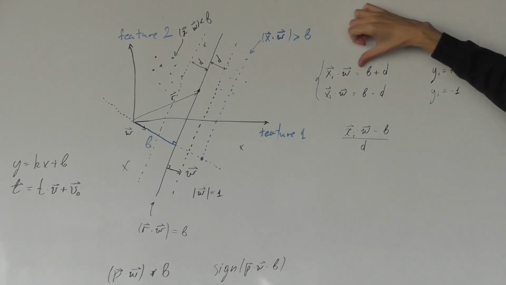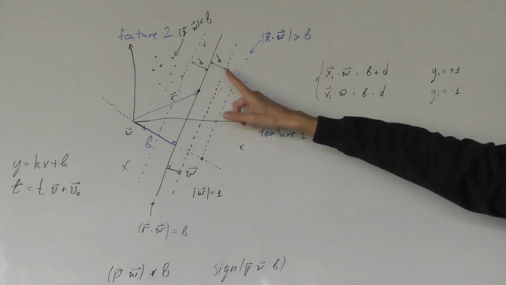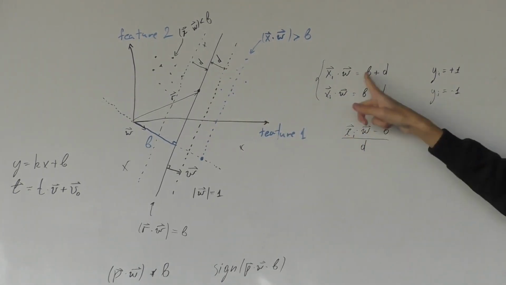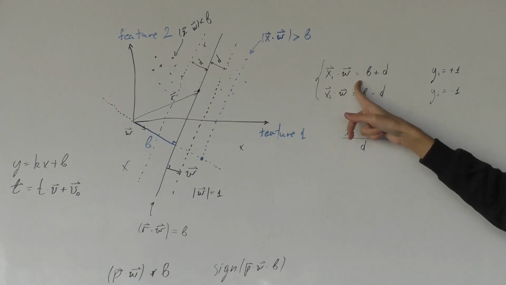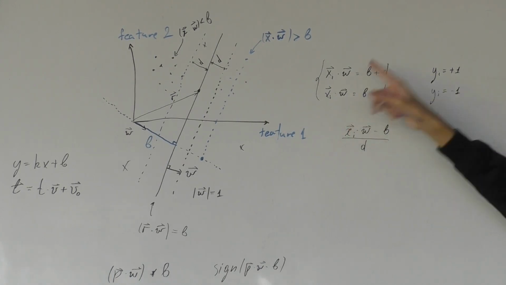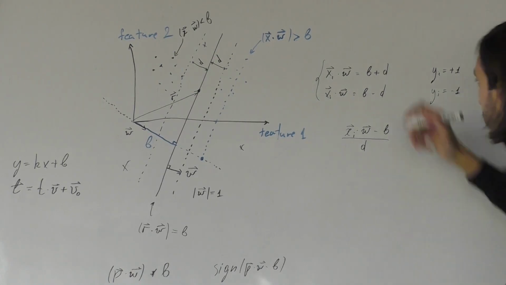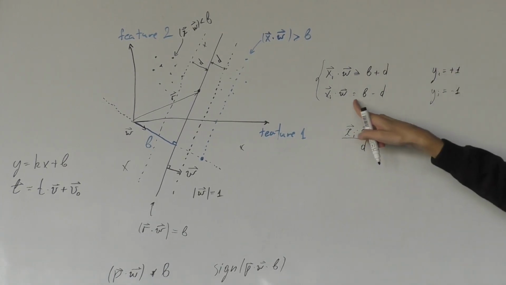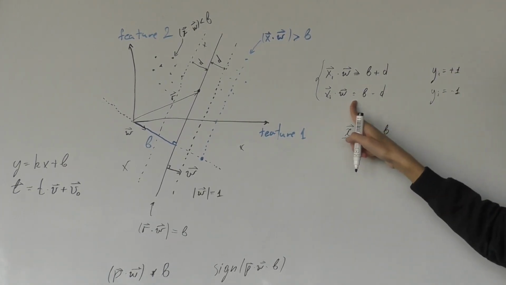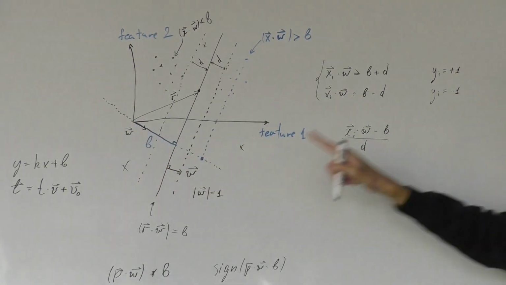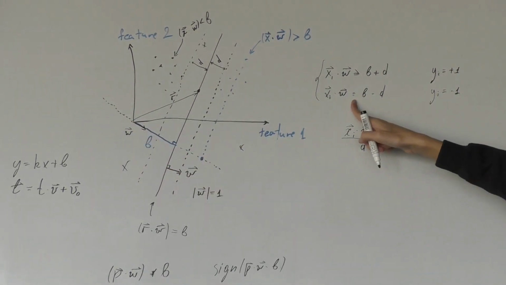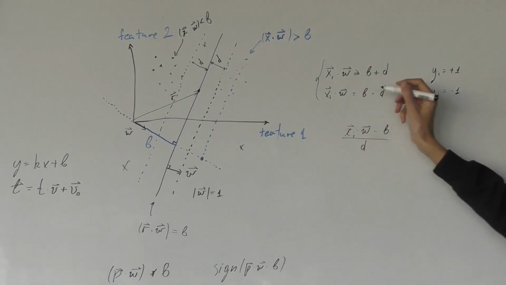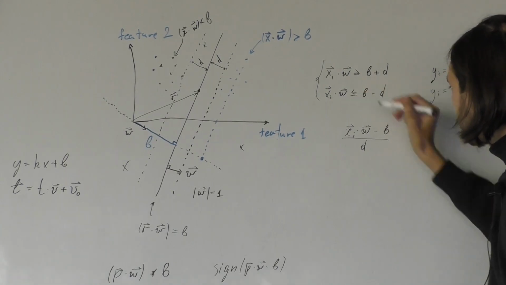This equality sign holds for the closest points I have in here. If I want this to be true for all points, I should change the equality sign to what? Yes, greater or equal. So that will be good. If I want this thing to hold for all points with the class -1, I should change this sign to what? Yes, less than or equal.